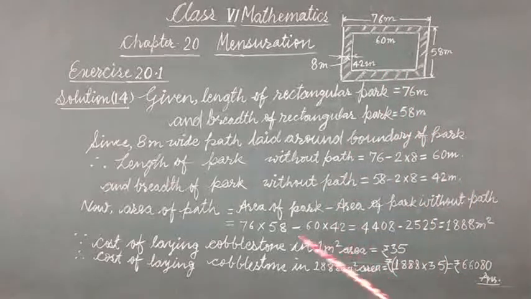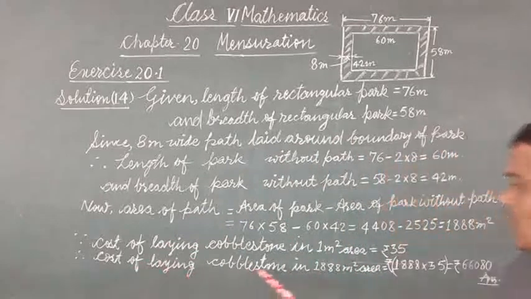So we can calculate the area of the path by 76 into 58 minus the area without the path, 60 into 42, which will come 1888 meter square. Now it is given that the cost of laying cobblestone in 1 meter square area is rupees 35.